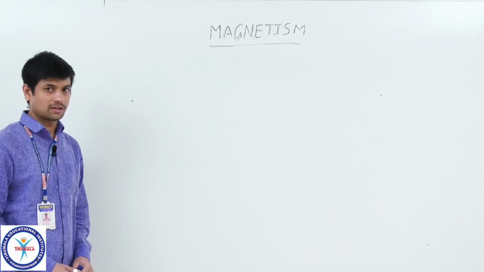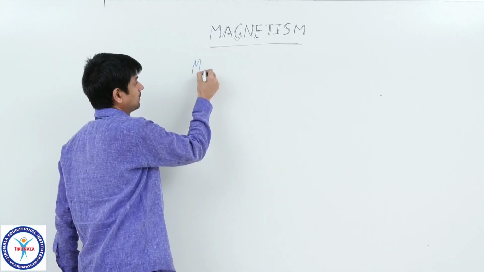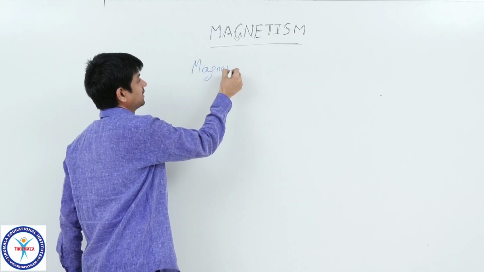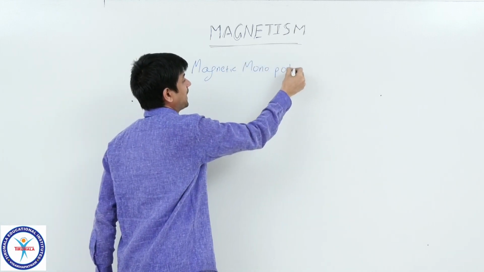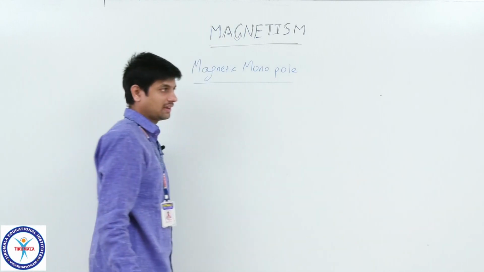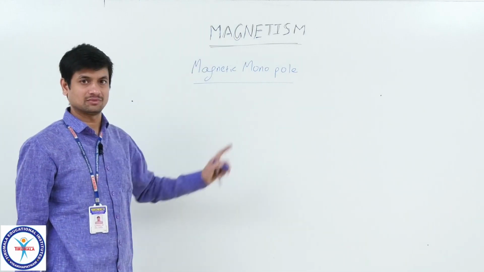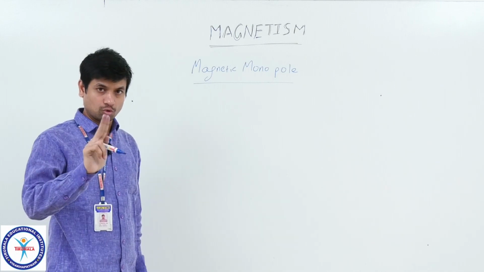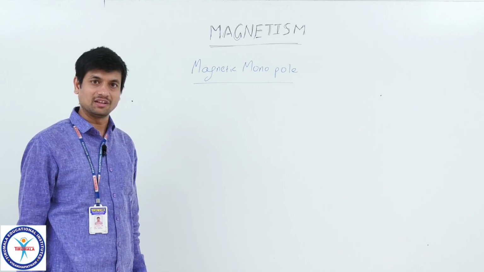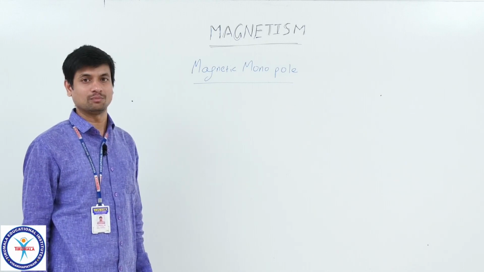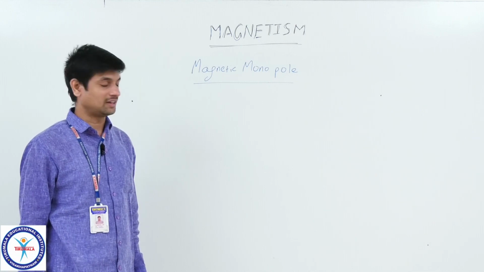Now we are going to learn about the magnetic monopole. Why I am using the word magnetic monopole: I am always saying that two poles exist for any bar magnet, or any current loop, or any circular coil, which acts as a bar magnet, that means a solenoid.